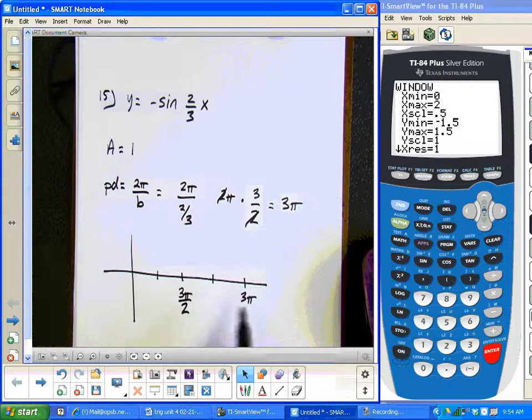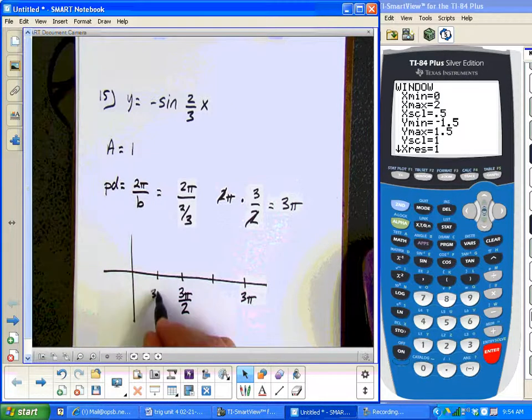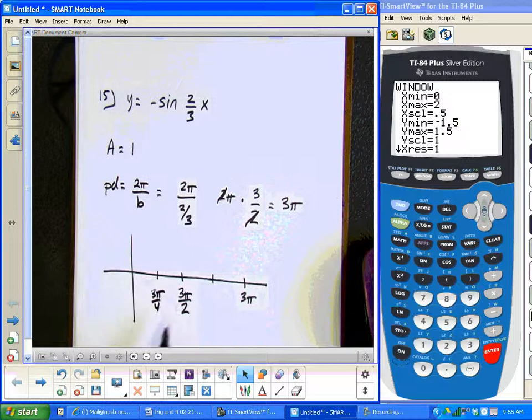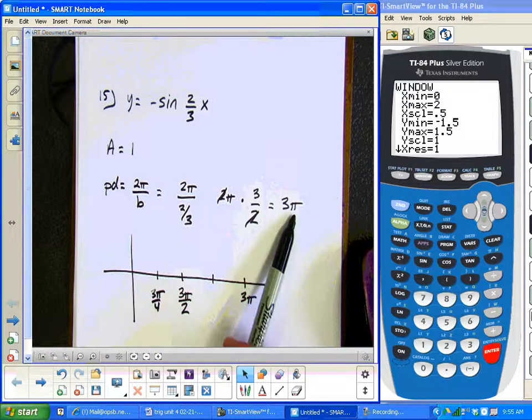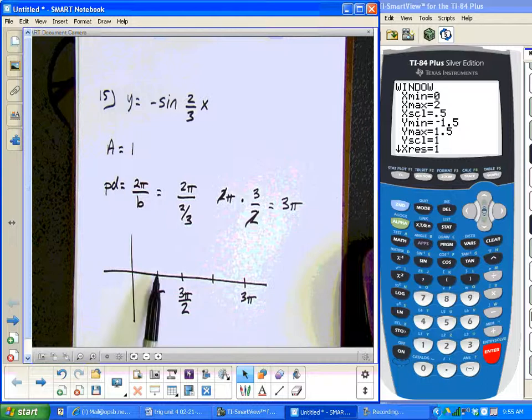Now it works a lot better when this number's even, isn't it? But if it's not, you just say that over 2. Now, how do we half a fraction? Just multiply the bottom number by 2, so it's going to be 3 pi over 4. Isn't that what we said earlier? So if you want to, you can just take the period and divide it by 4, and that tells you what each unit is.